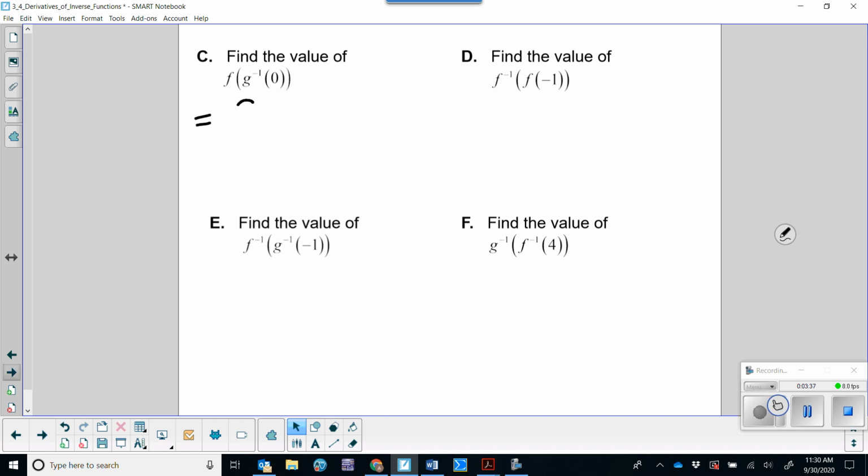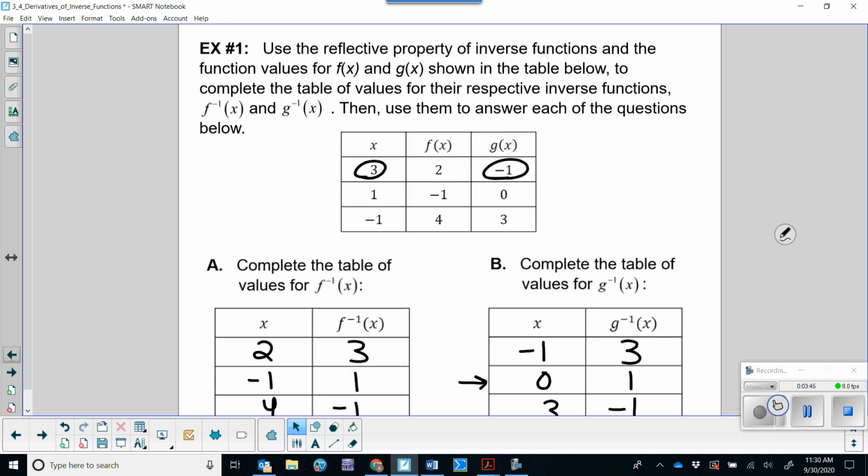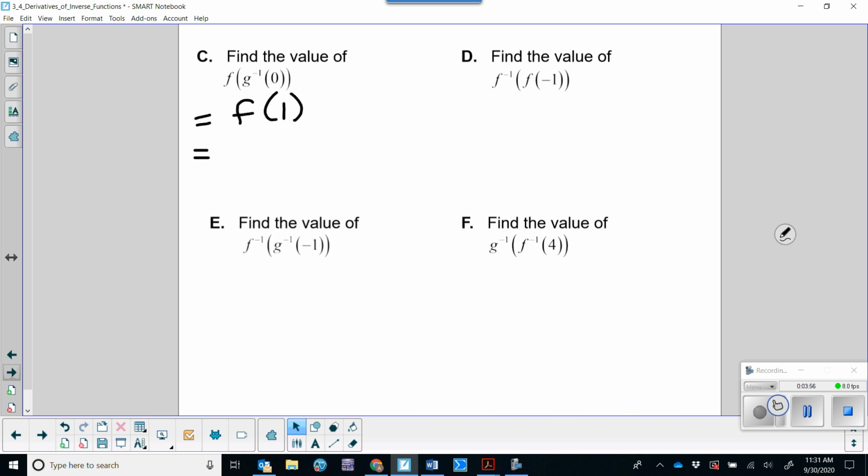So this is going to be f of 1, because g inverse of 0 is 1, and then for f of 1, we go back to the table. So now we got to go to the original table, because we've got to do not f inverse but f, and so f of 1 would be negative 1. So this answer is negative 1.